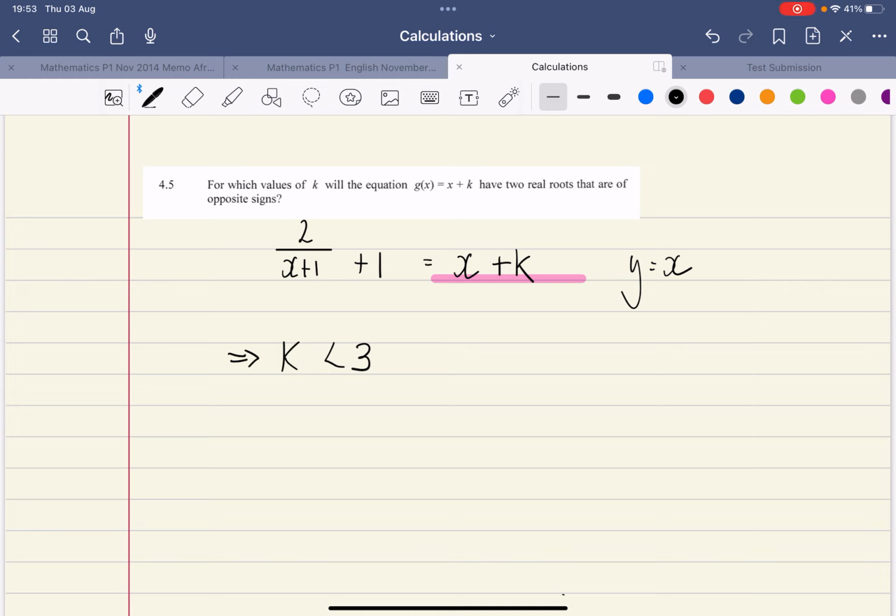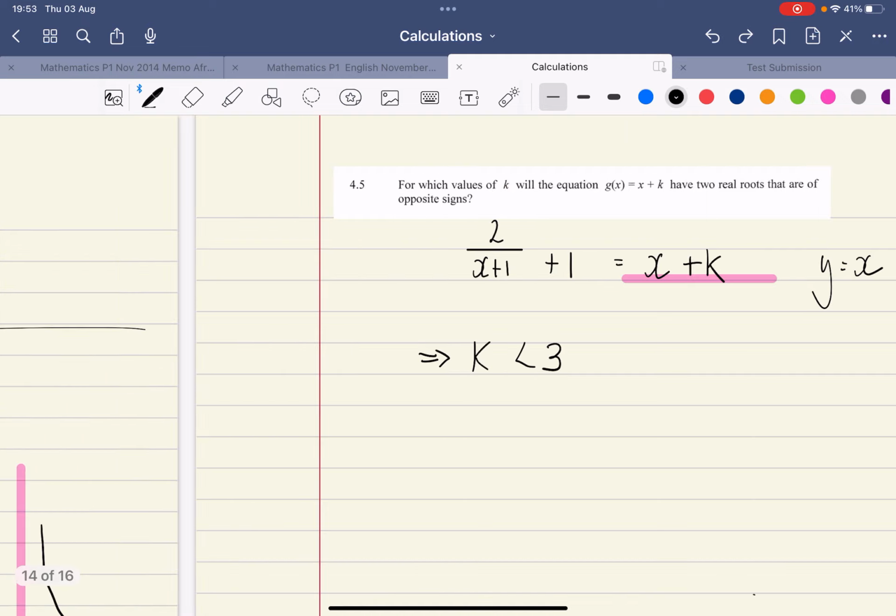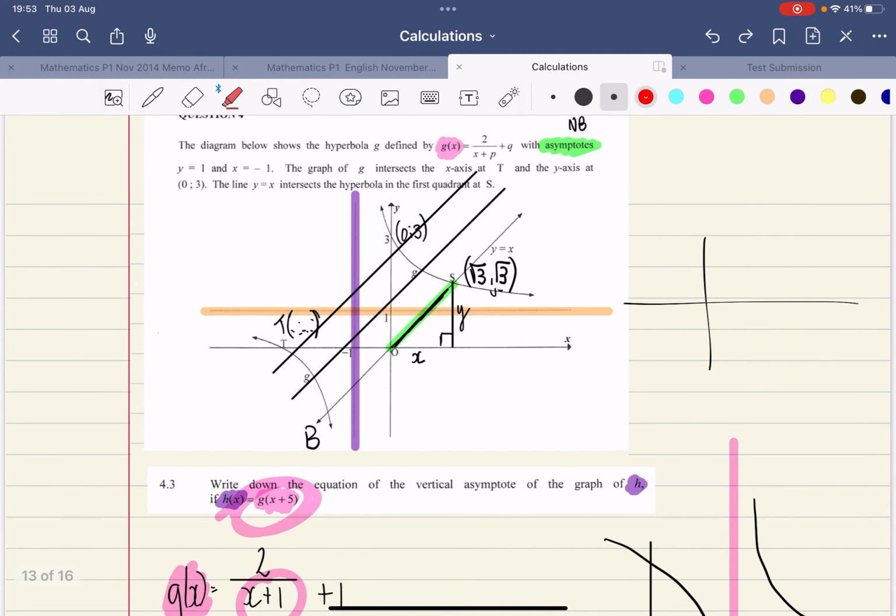And just to explain this notation here one more time, we are looking for a point on the graph where the g of x function equals an x plus k function, okay? And there have to be two intersections and they have to be of opposite signs. Fortunately for us, we already have a y equal to x function on our graph.